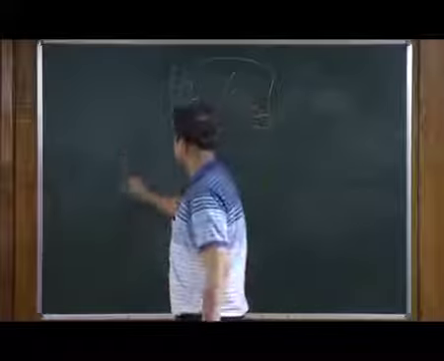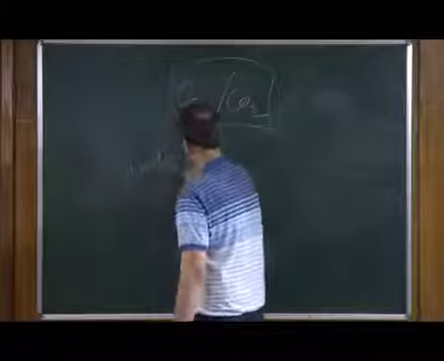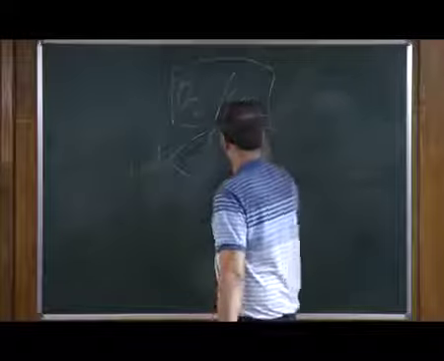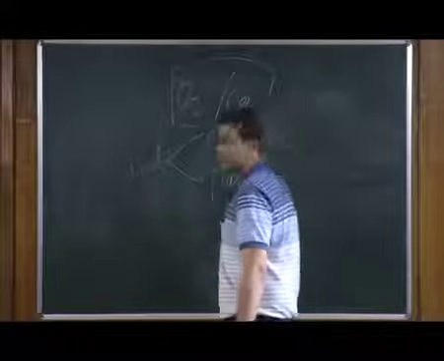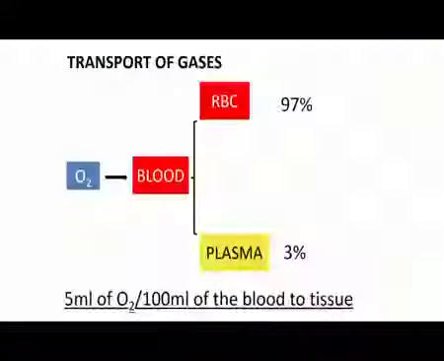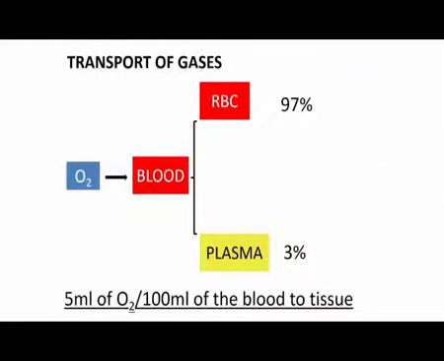The transportation of O2 in blood is mainly done by two components, RBC and plasma. RBC is maximally involved in transporting this gas: 97% of the O2 is transported by RBC, and the rest 3% is transported by plasma.